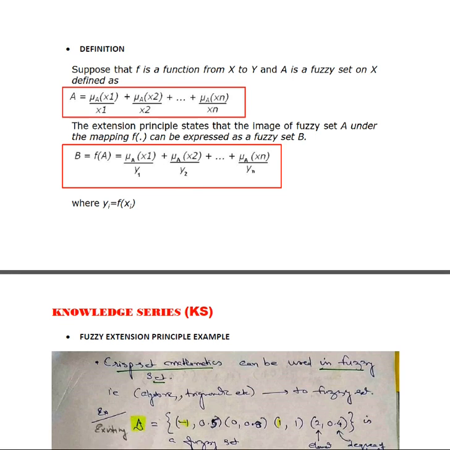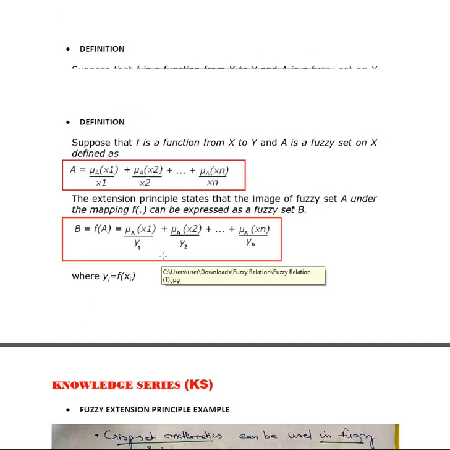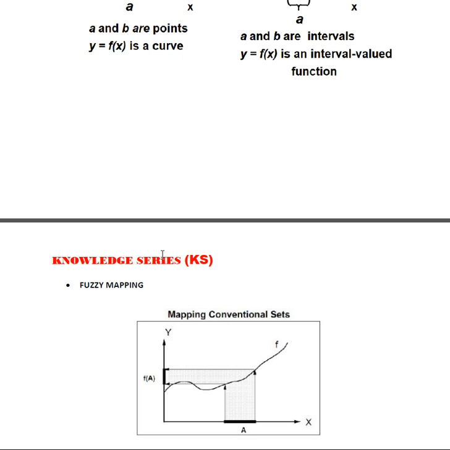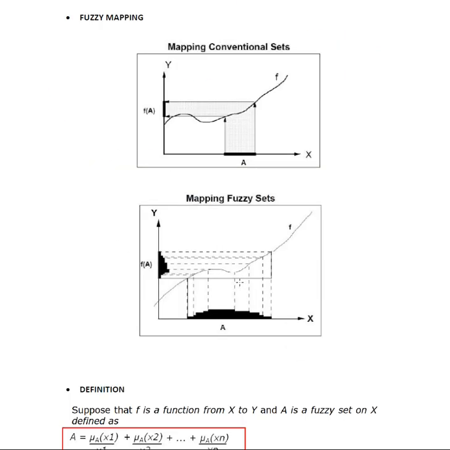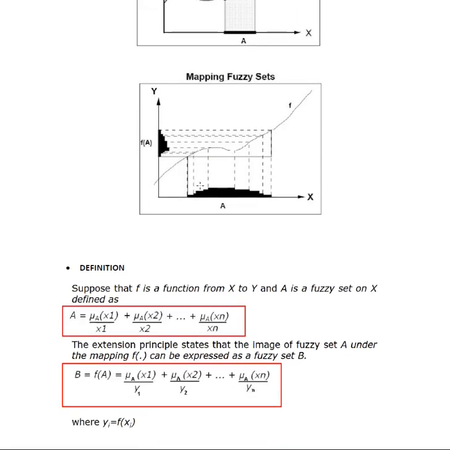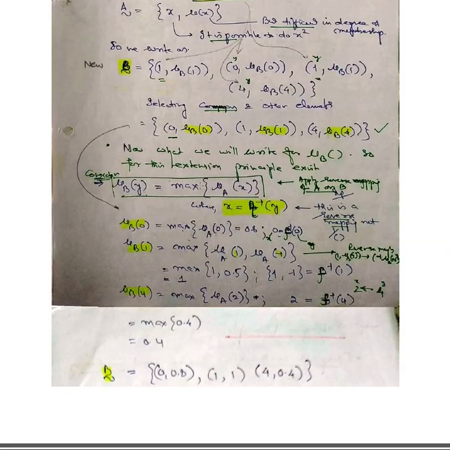I believe that the extension principle concept has given an idea about why this particular extension principle has to be studied, because the extension principle gives an idea about how a fuzzy relationship can be created. Under these fuzzy relations, we need to further have discussions related to relations in the subsequent discussions. So with this, I conclude over here. Thank you.